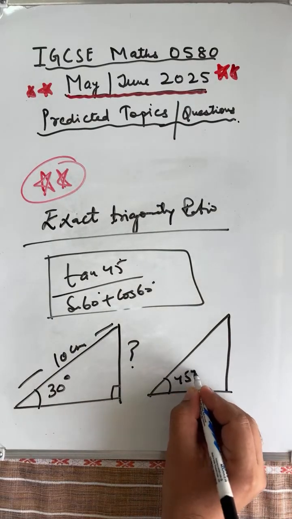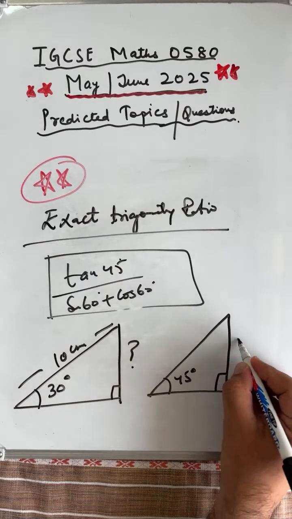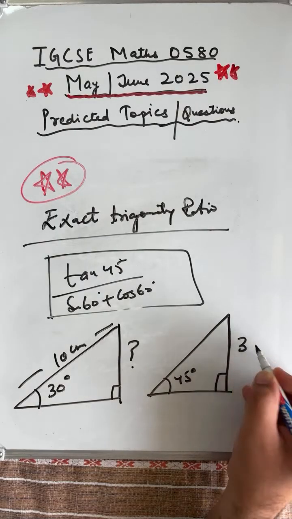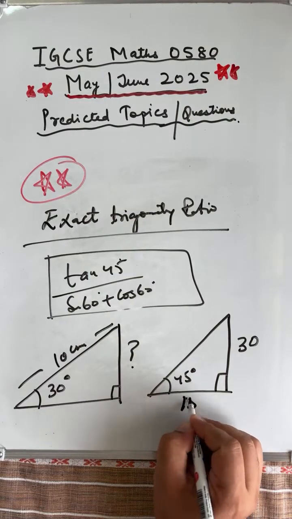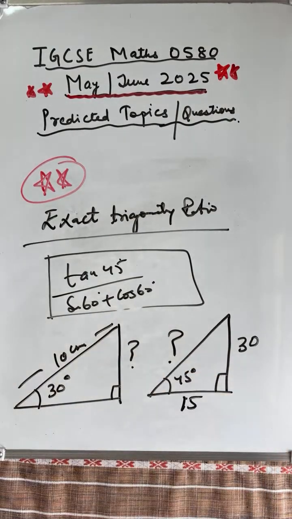This is 45 degree, and you have been given this is 30, or you can say this is 15, and you have to find this.